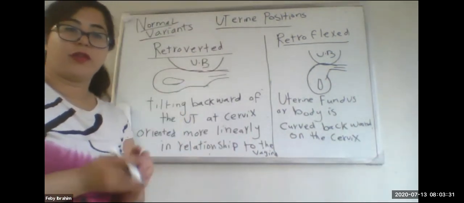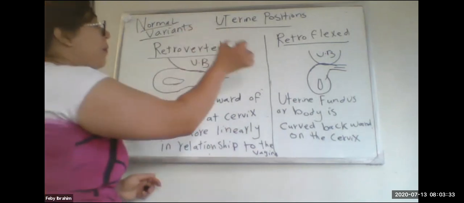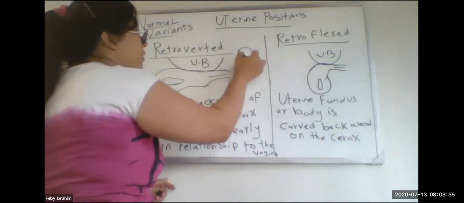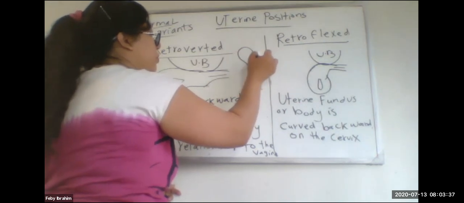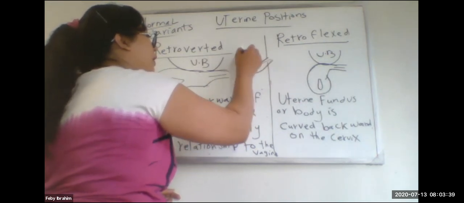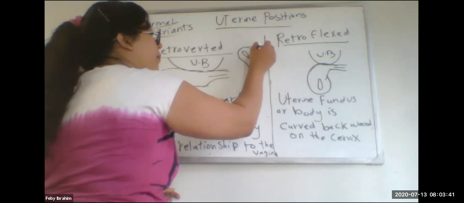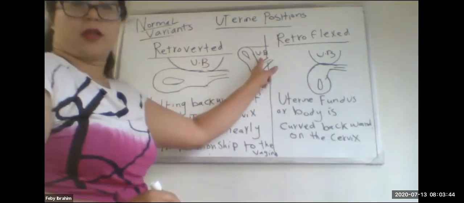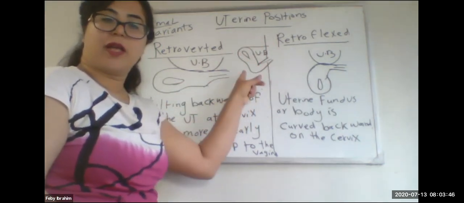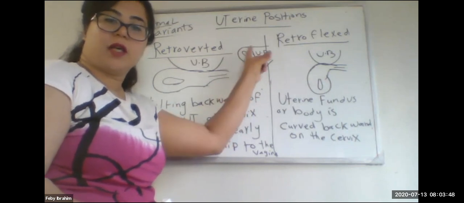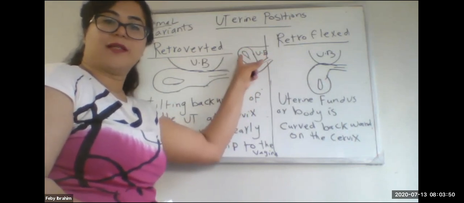This is the retroverted uterus. Do you remember the anteverted, how it looks? Let's compare the anteverted and retroverted. Remember the urinary bladder? In the anteverted, the fundus and the body have a forward placement, right?